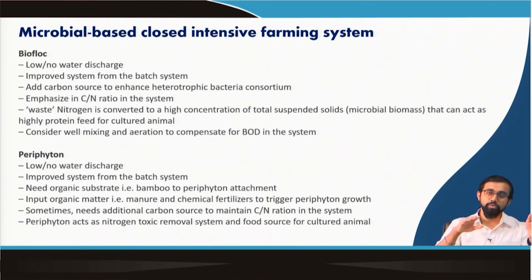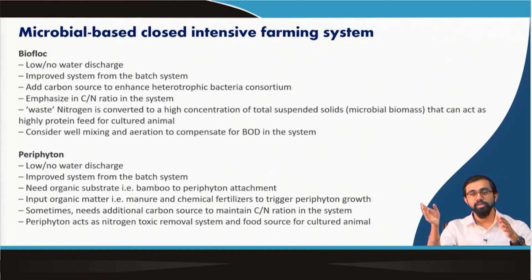We can treat the wastewater, and we can utilize that treated element again, coming back to feed our own cultured animals and species. Other than that, it can help with good mixing and good aeration. If you can supply good mixing and aeration, it can compensate for the BOD in the system as well.